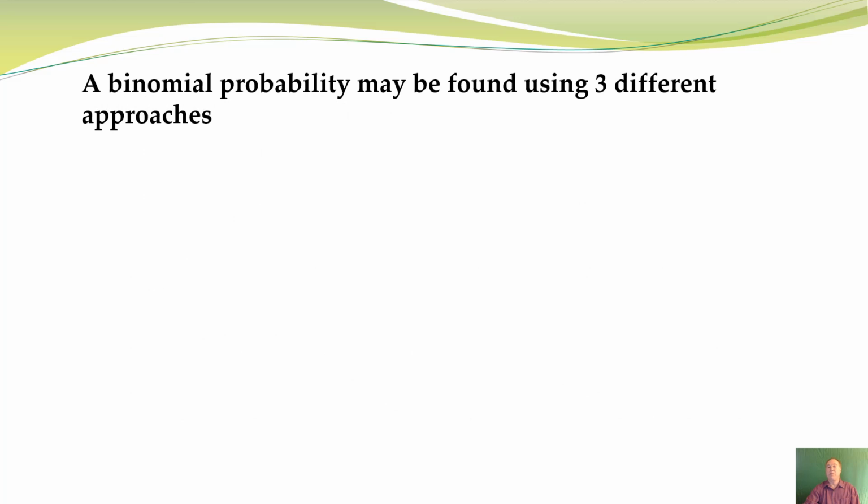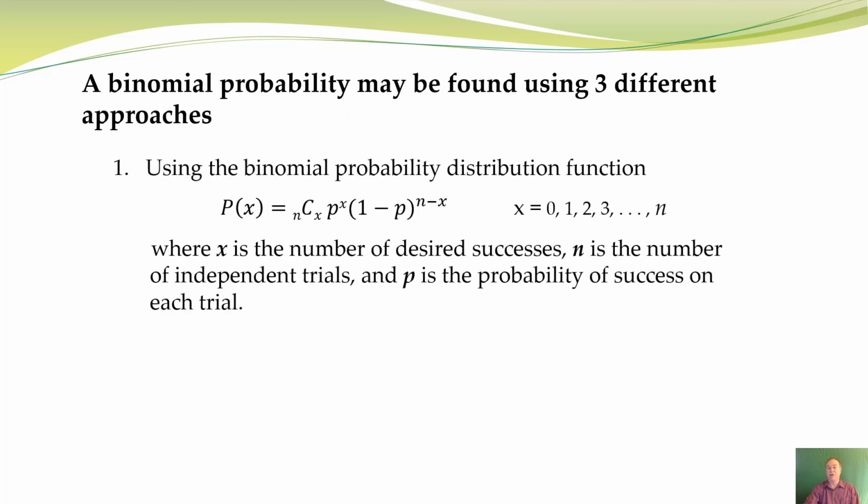Now, the binomial probability may be found using three different approaches. First, using the binomial probability distribution function. That's P of x equals n combination x times p raised to the x power times 1 minus p, which is q, raised to the n minus x power.